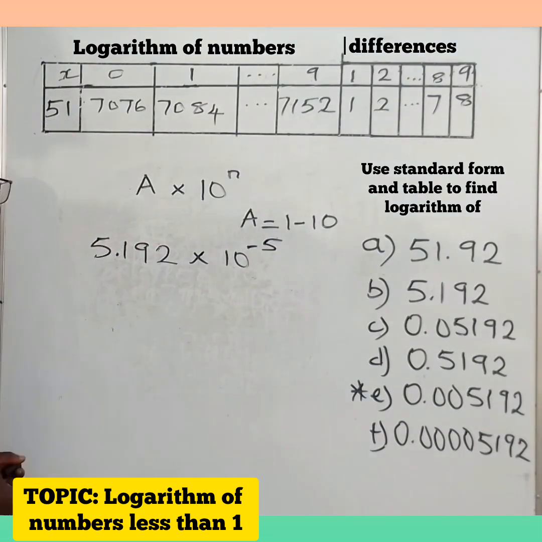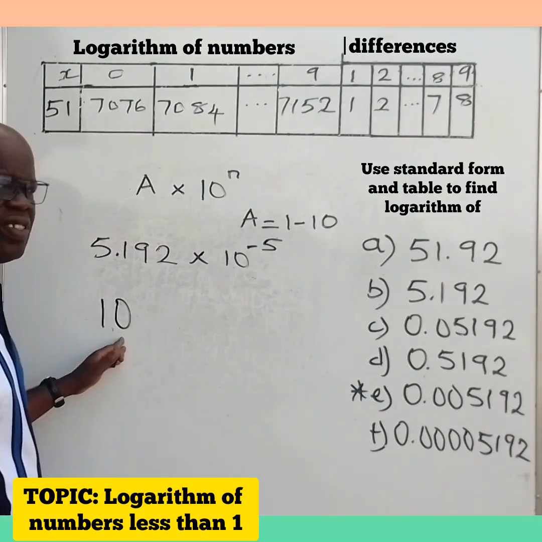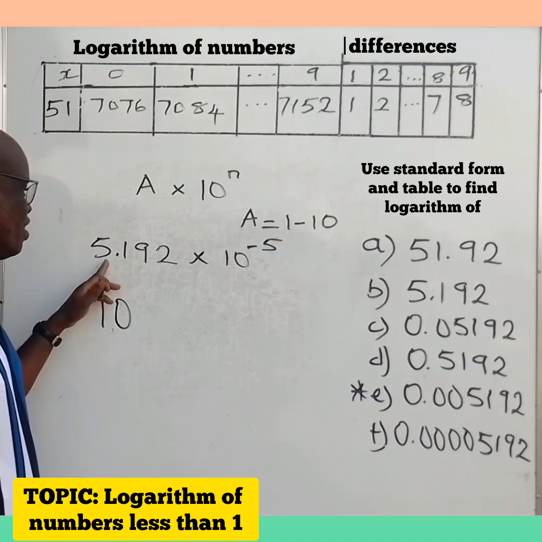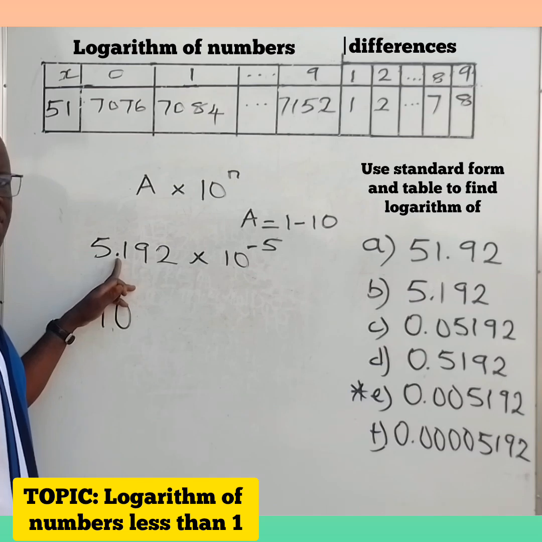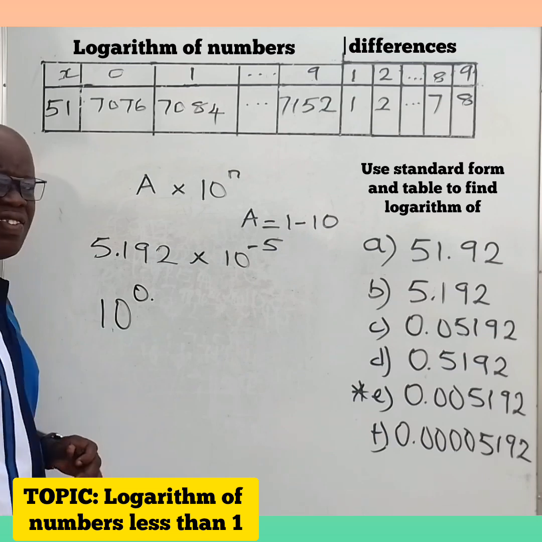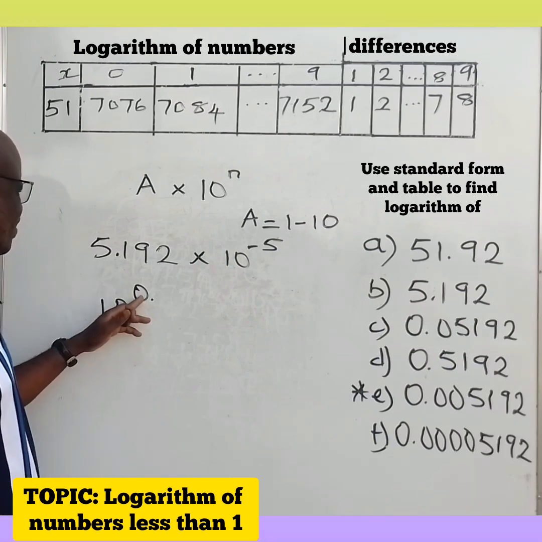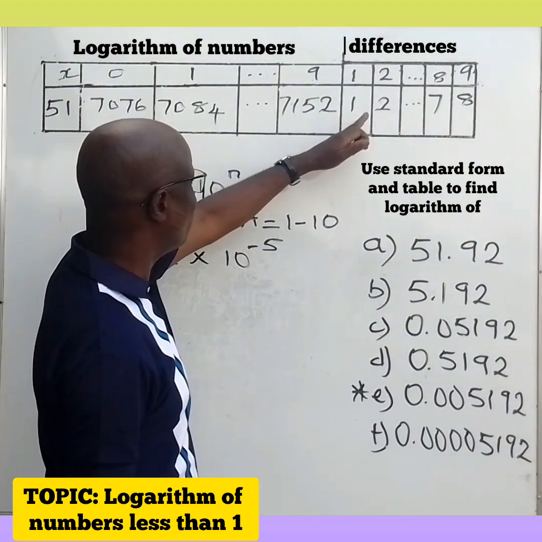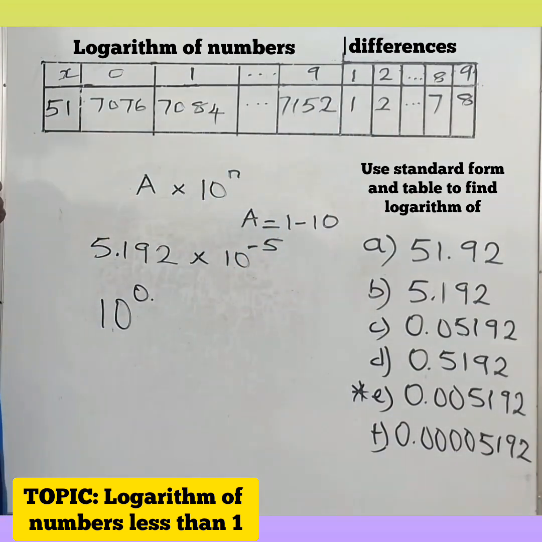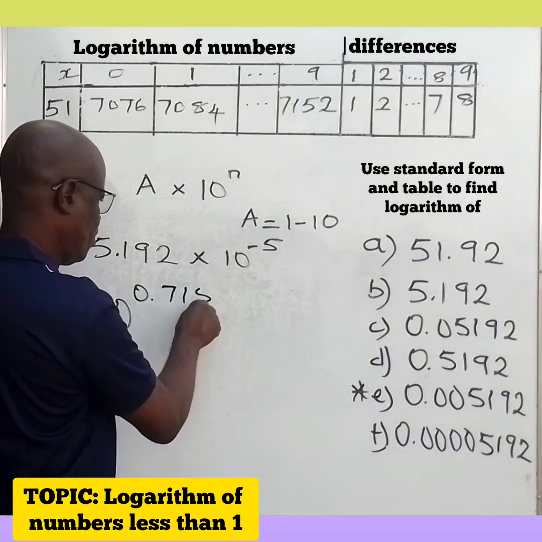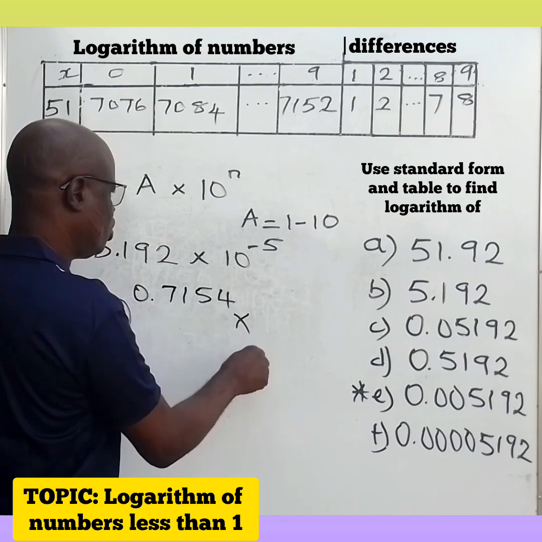So you now go to your logarithm table. What is the characteristic of this? One digit before this decimal point. 1 minus 1 is 0. So it will start with 0 point. For 51 under 9, difference of 2. That's 7154. And multiply by this.